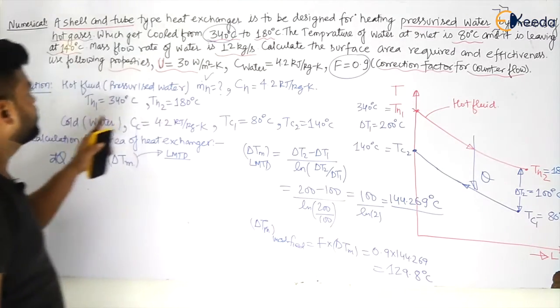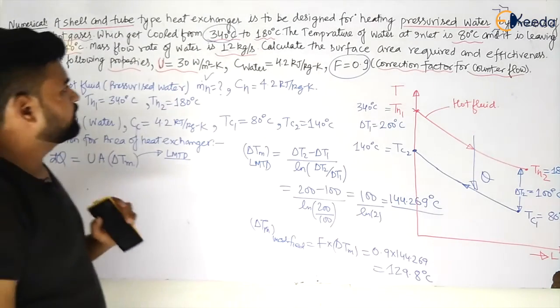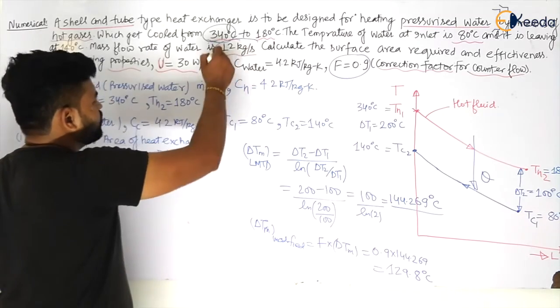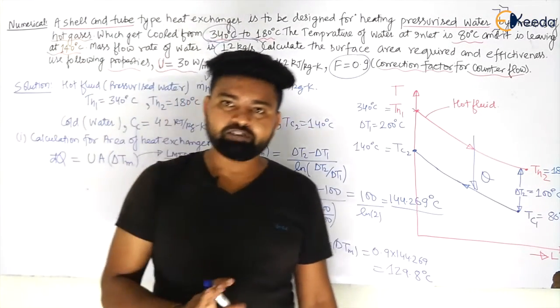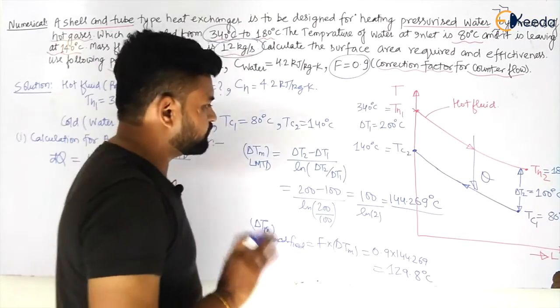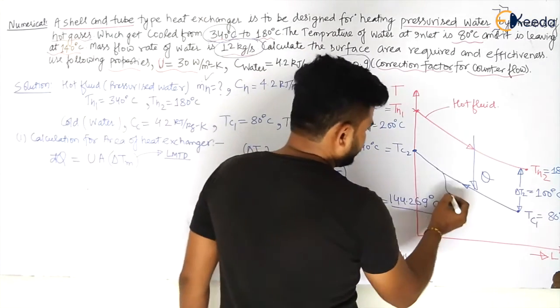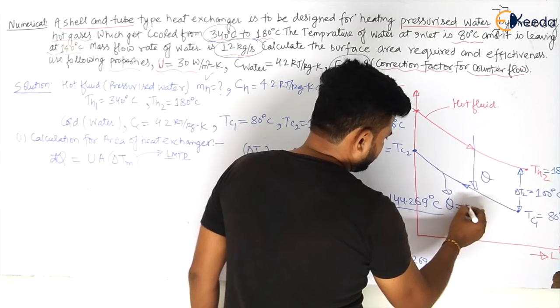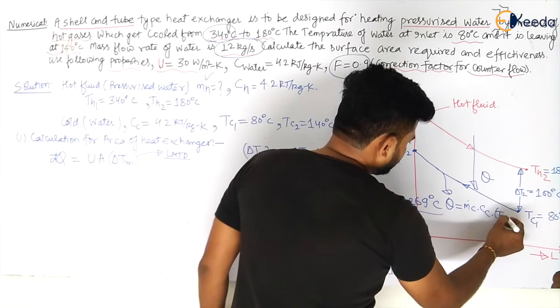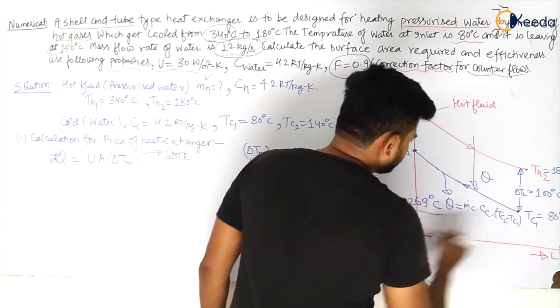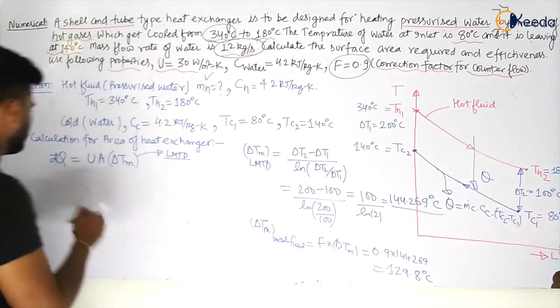But your mass flow rate is not given. But the mass flow rate is given for the cold fluid, and you also know the temperatures and the specific heat. So can we calculate the heat transfer in this case? Yes, we can. So the heat transfer Q will be given by m dot Cc multiplied by Tc2 minus Tc1, my dear students. Yes sir, we can easily calculate this part.